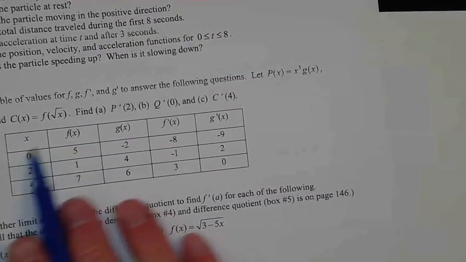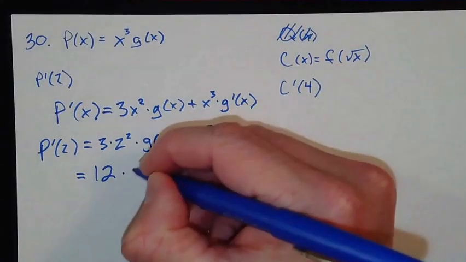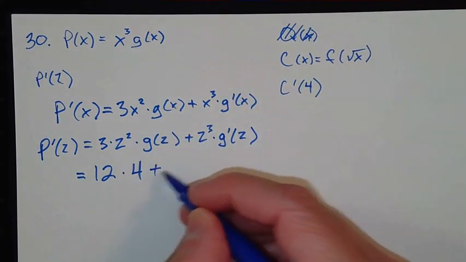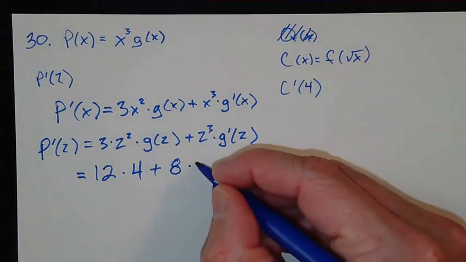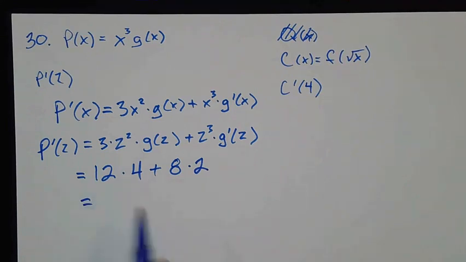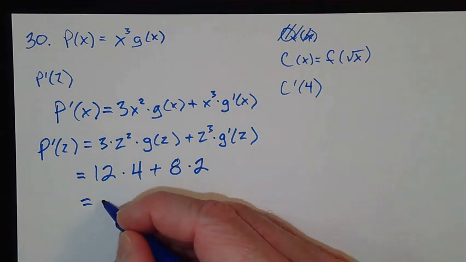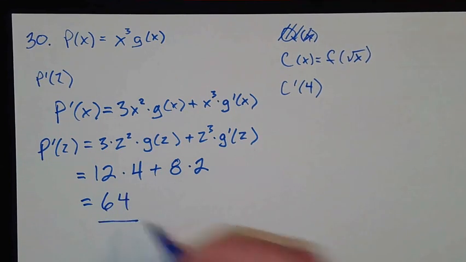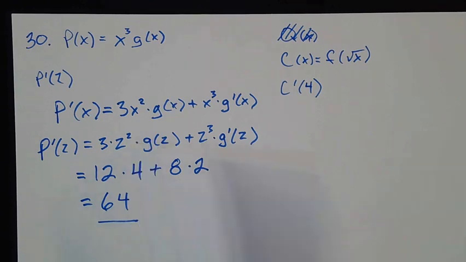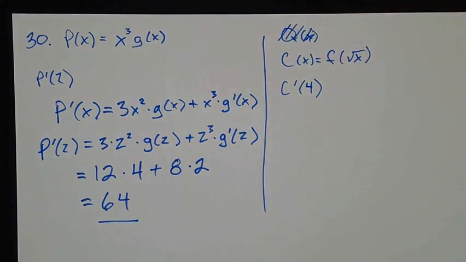And as I look at the table, g of 2 is 4, plus 8 times g prime of 2, and g prime of 2 is 2. And so I've got 48 plus 16. 48 plus 16 would be 64. So this is what a product rule problem would look like.